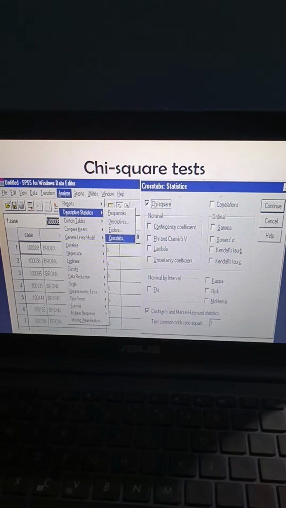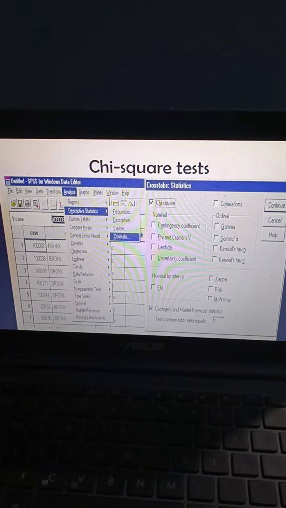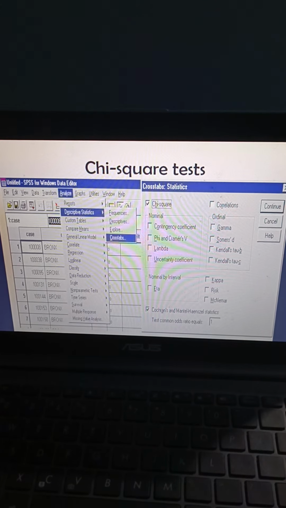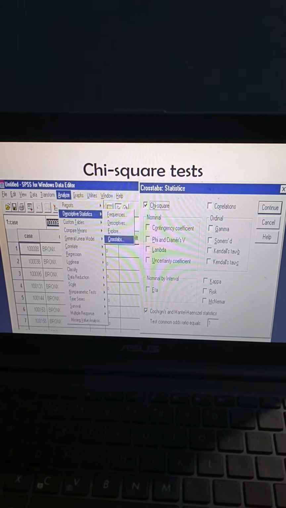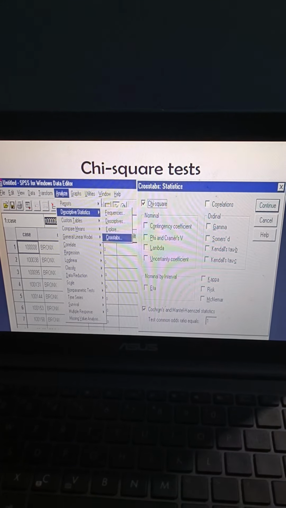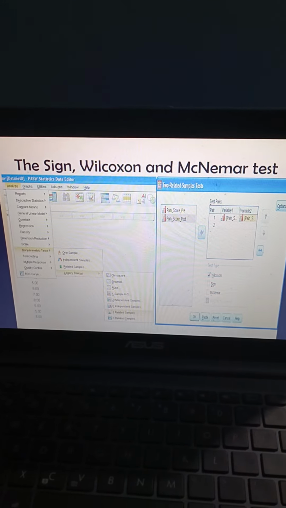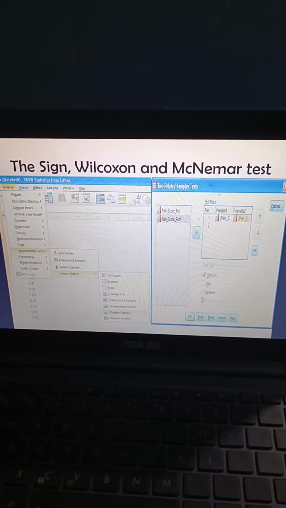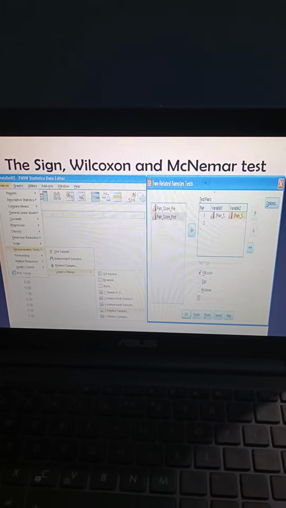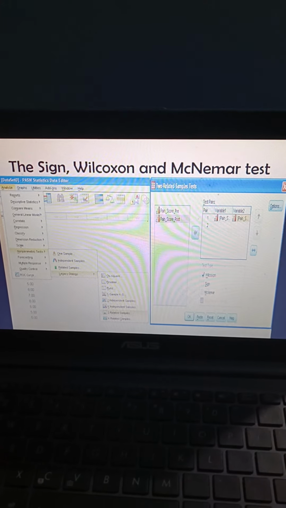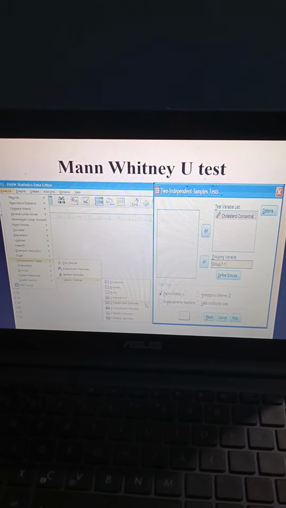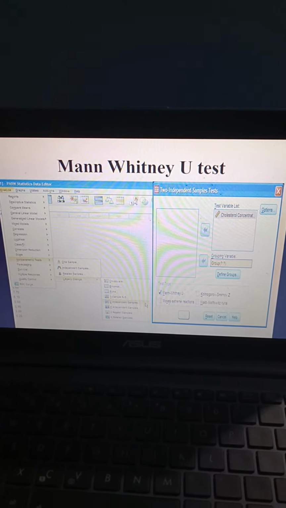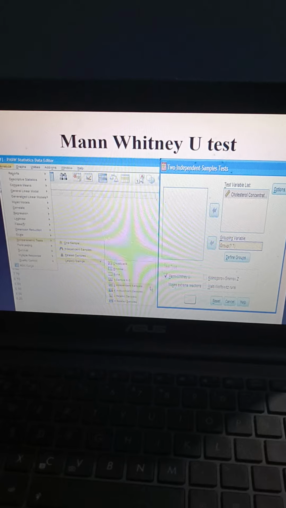Then the chi-square test is done in SPSS. This is the data showing the chi-square test, and in SPSS the sign, Wilcoxon and McNemar tests can be done, and the Mann-Whitney U test you can also apply according to the data.